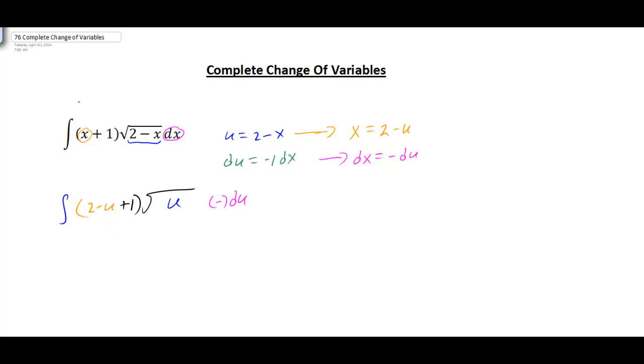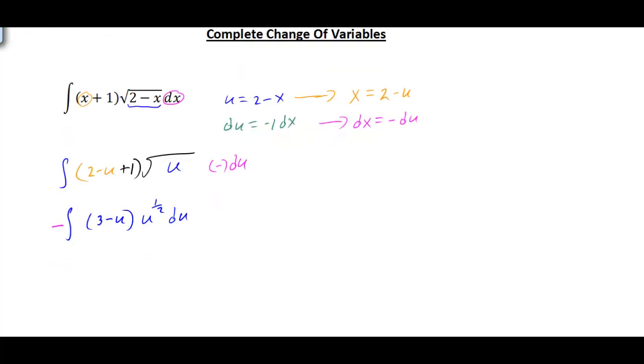So if we simplify this, then we would have the integral of 2 plus 1 is 3 minus u multiplied by the square root of u, and I'm going to write this as u to the 1/2 power to make it easier to work with. And the negative sign here, I'm going to take from our negative du. The negative, I'm going to pull out front, so then we're just left with du.